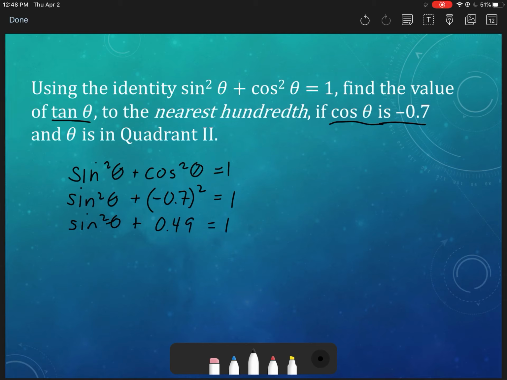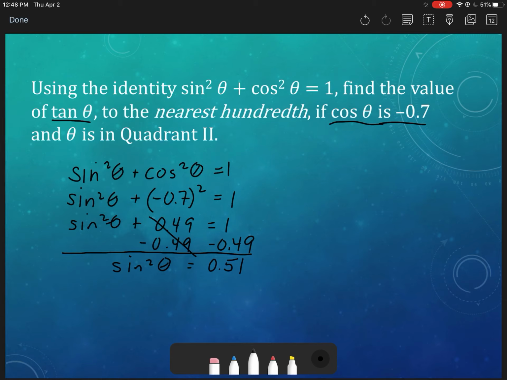And now we're going to solve for sine. So subtract 0.49 from both sides. Now you might be asking yourself, why are we solving for sine if they ask us to find tangent? What's the relationship there? Well, think about that. Is there a relationship between sine and tangent?